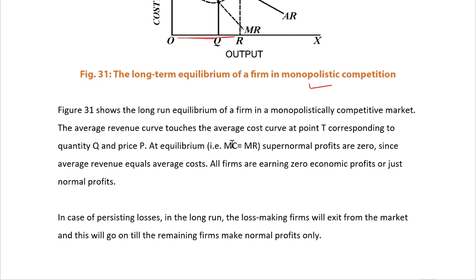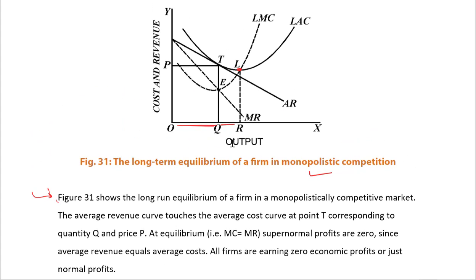Let us see the text and the figure. Figure 31 shows the long run equilibrium of a firm in the monopolistically competitive market. The average revenue curve touches the average cost at point T corresponding to quantity Q, and P is the price.